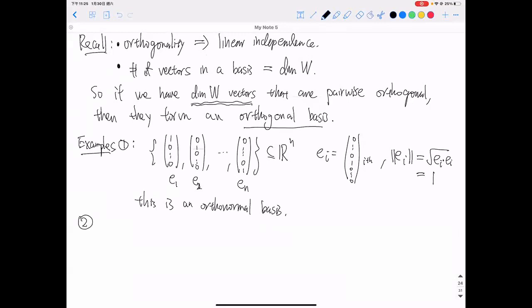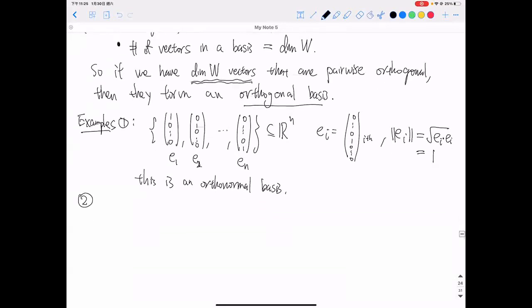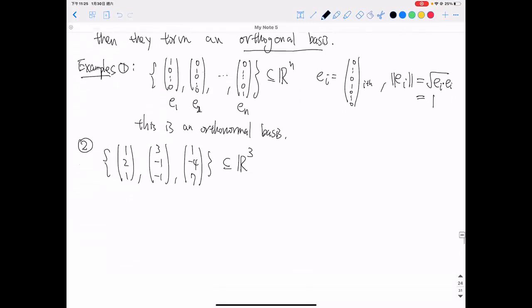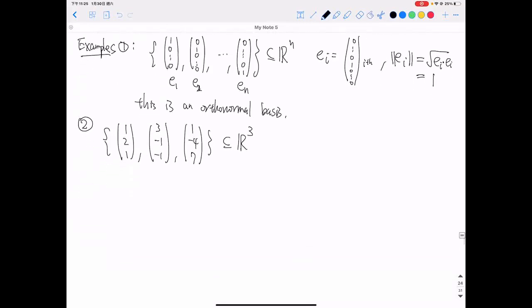Now, let's consider the next thing. Say you have 3 vectors in R3. R3 has dimension 3, so having 3 vectors is certainly a good thing if you want a basis.